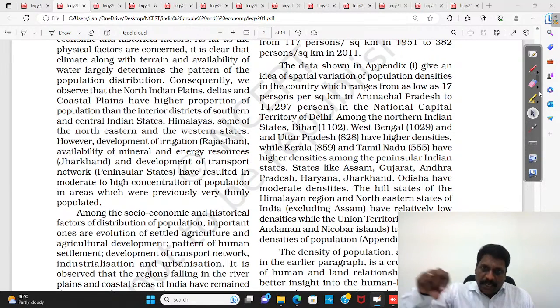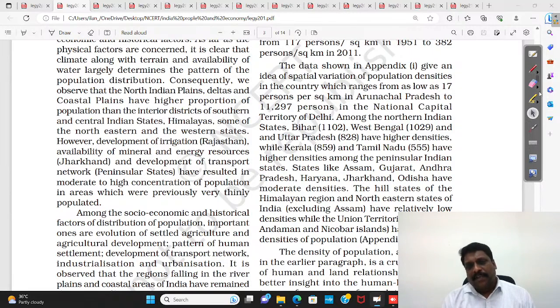Green shaded regions will be plains. One thing you will note: wherever the percentage share of plains is more, the population density will also be more. You can apply this simple logic and check whether it is working or not.